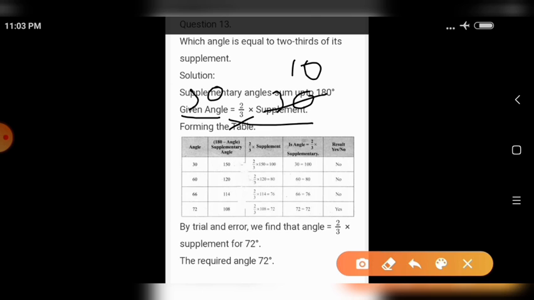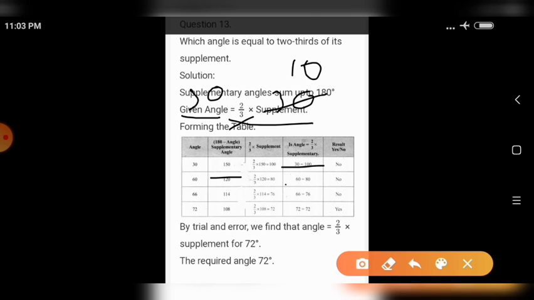For 30, the supplement means 180 minus 30, that is 150 degrees. 150 divided by 3 is 50, not 30, no. And then 60: 180 minus 60 is 120.